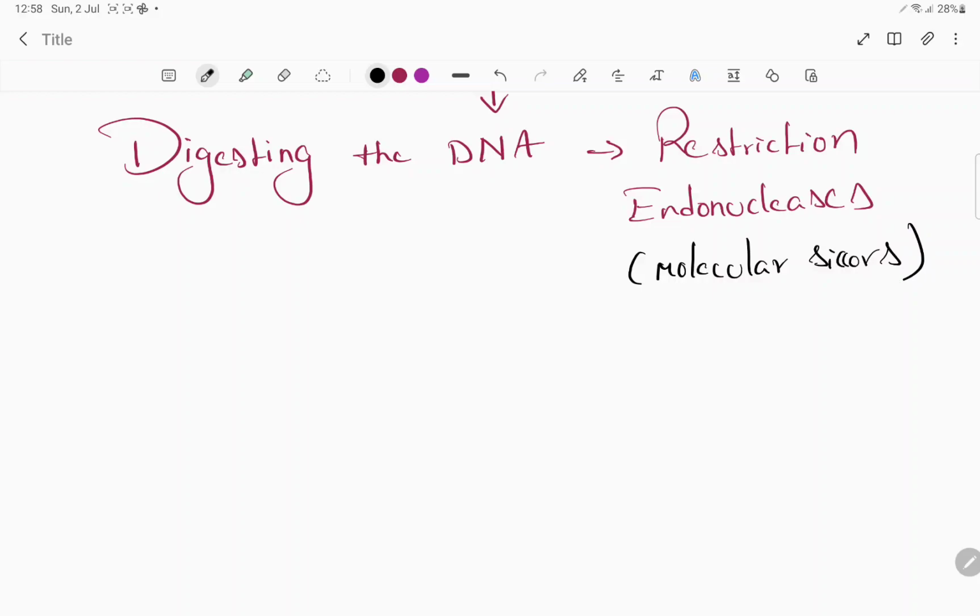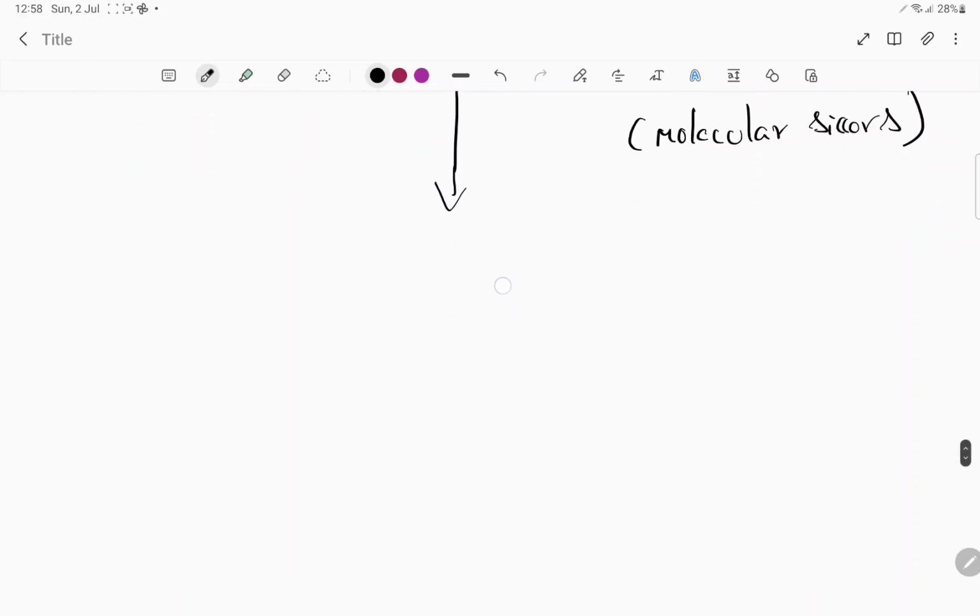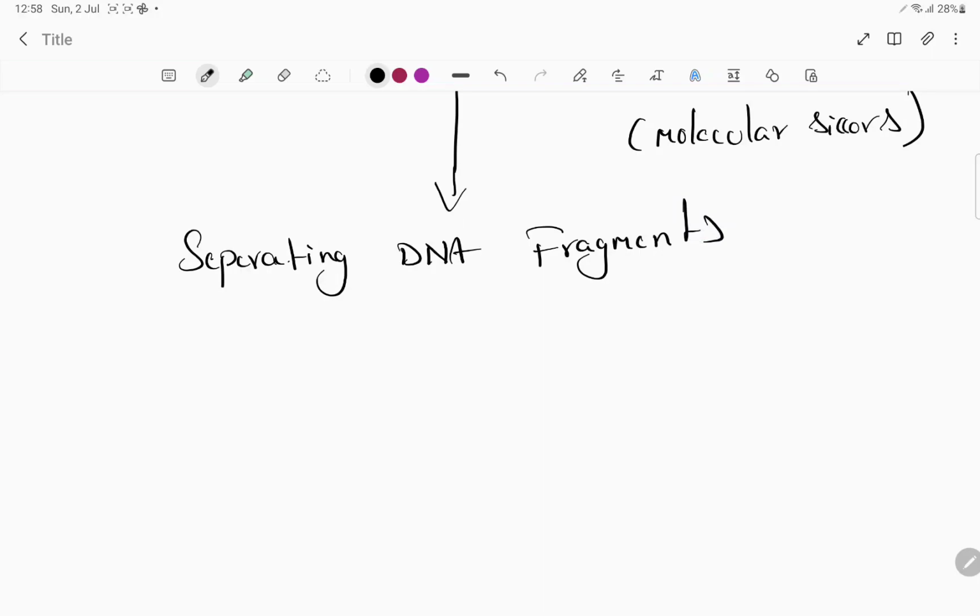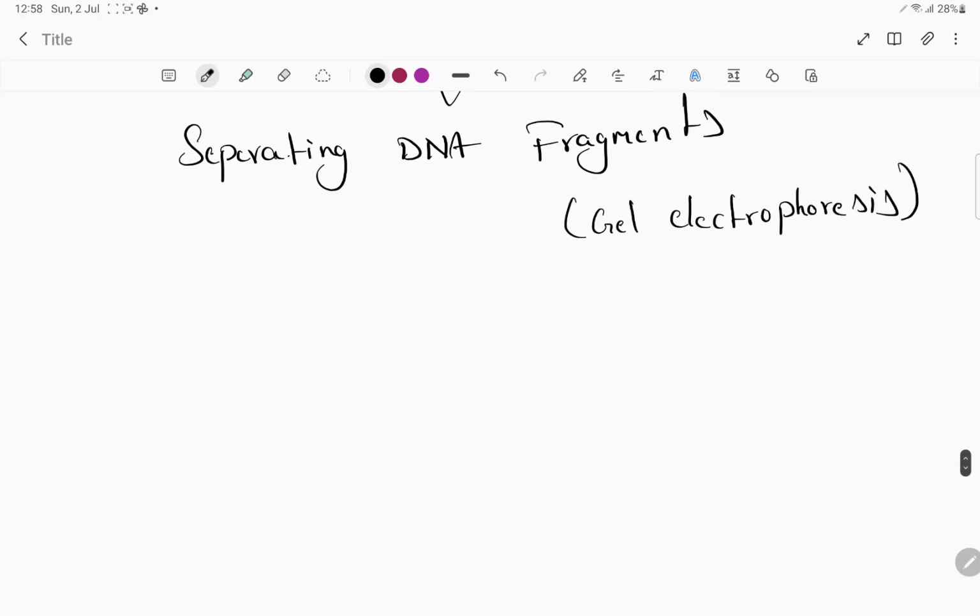And then we separate the DNA fragments. How we separate the DNA fragments is by gel electrophoresis. We take the agarose gel in which we apply an electric current. That's how the DNA fragments will be separated.